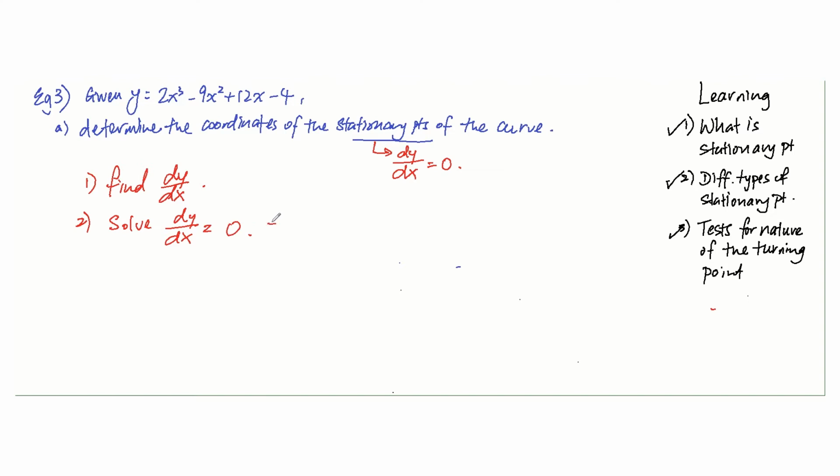That will give you the x coordinate, but that will only give you half the answer because we're talking about coordinates. Last but not least, you need to sub the x value, sometimes you may have more than one possible answer, into the original equation, sub into y to find the corresponding y values as well. Then you will have the set of coordinates where dy/dx is equal to 0.